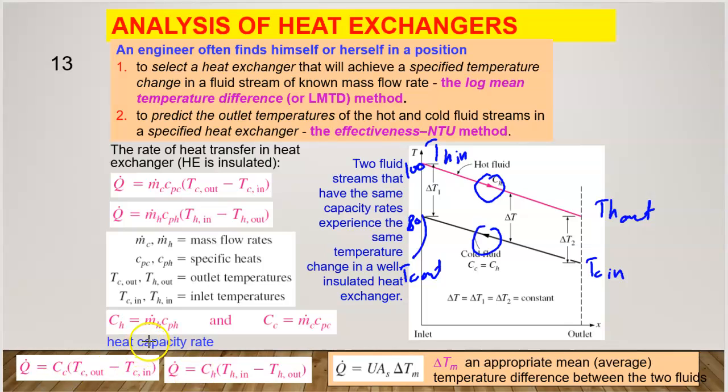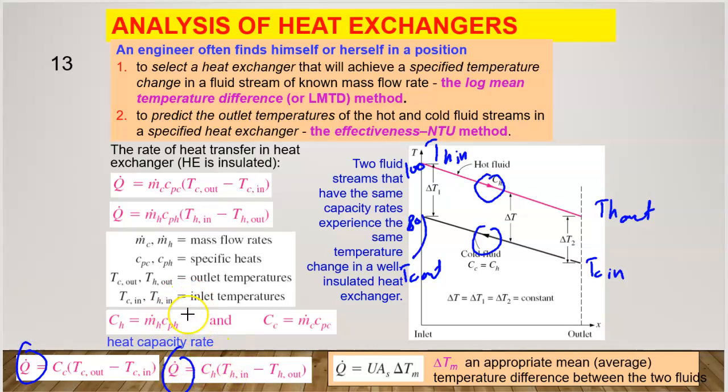So basically, all the formulas will be given. Here we have Q dot equal to C C times T C out minus T C in. So this is one way to know the value of Q. The Q is the same if we compare it with this Q over here. Q over here is equal to Q over here.